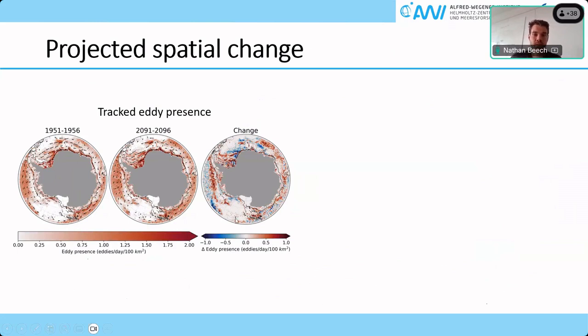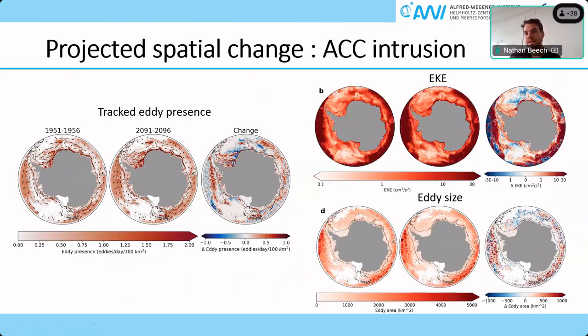complex region in terms of the circulation, but I will try to explain at least some of the changes that we see here. Beginning again with the ACC, so what's already been studied quite a bit and what we understand quite well, we can look at the same tendencies that we use to associate eddy activity with the ACC, such as the eastward propagation, the high energy, and the large eddy size.